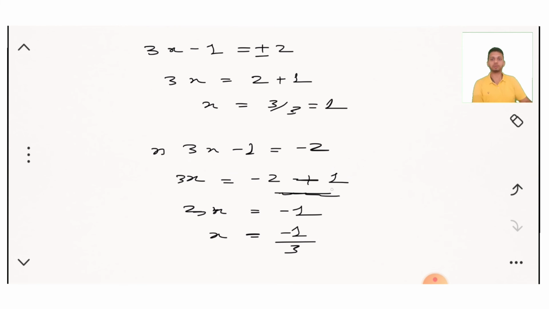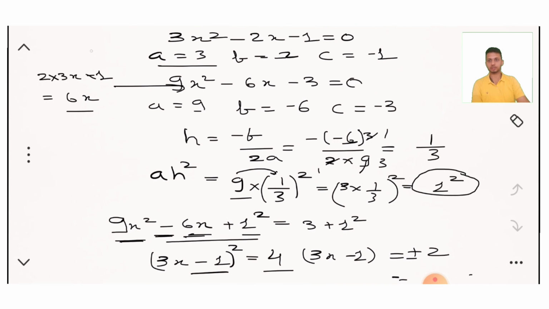So these are the two different values. This is your first value, and this is your second value. So you have got two values by solving this quadratic equation. This is a very simple method. You just have to add this particular value.